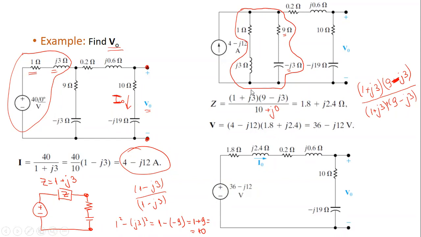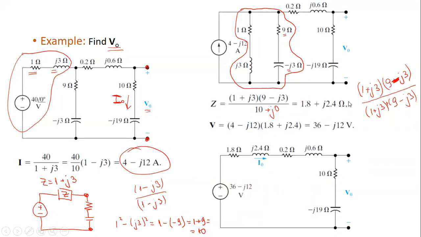And here you need to multiply these two numbers. Either you convert them to polar form, or you multiply 1 by 9 and 1 by negative J3, then plus J3 multiplied by 9, and J3 multiplied by negative J3. Either way is fine.